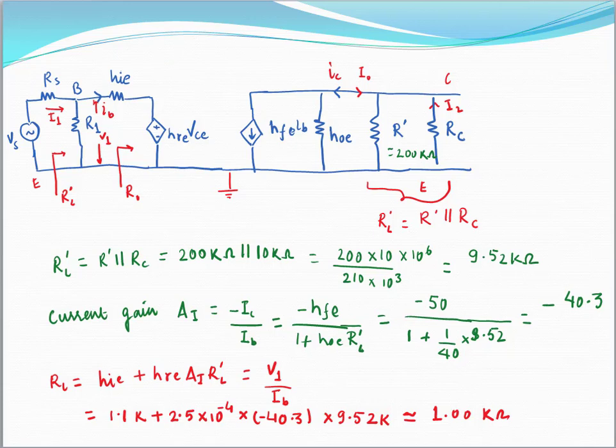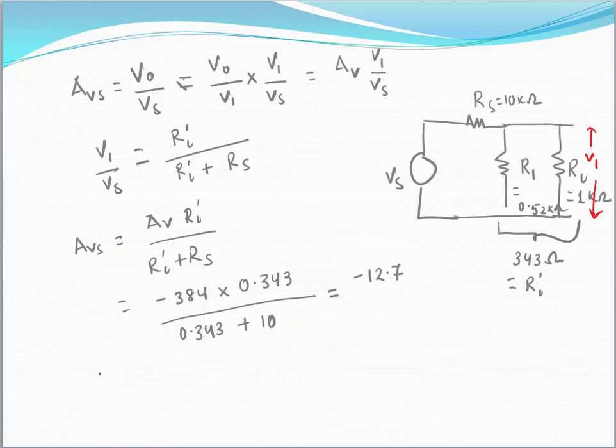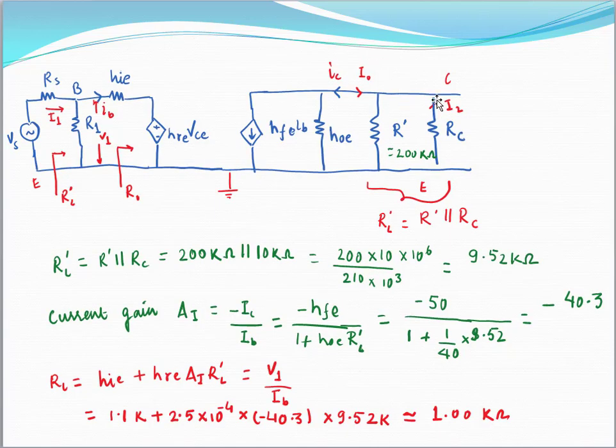So we have to calculate Ai dash is equal to minus of I2 by I1, and I2 is equal to V naught by RC, the voltage across it being V naught, and I1 is equal to V1 by Ri dash, since we have calculated the value of Ri dash and the voltage across it is V1.